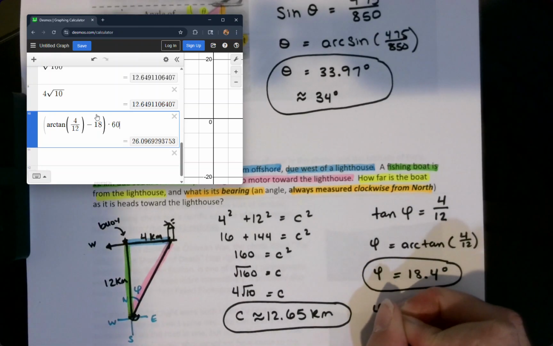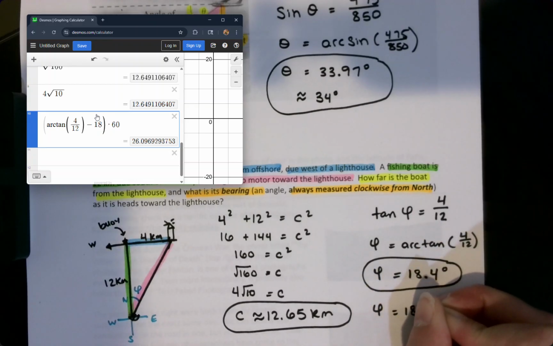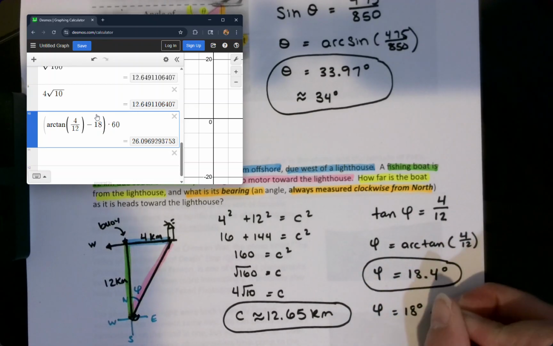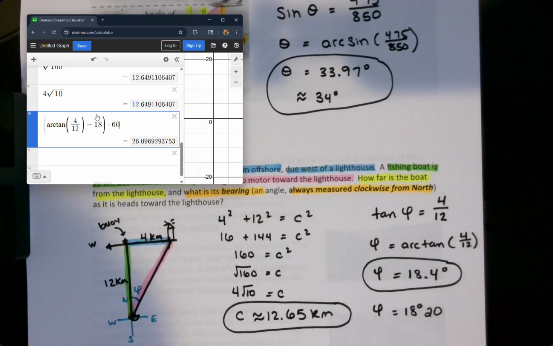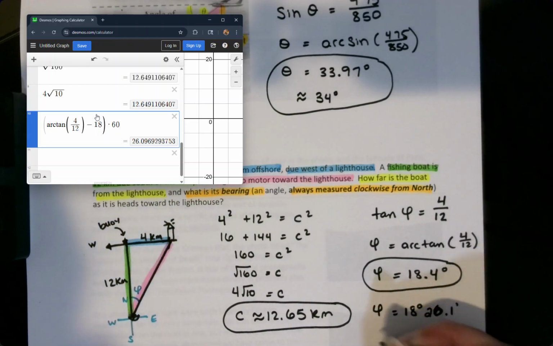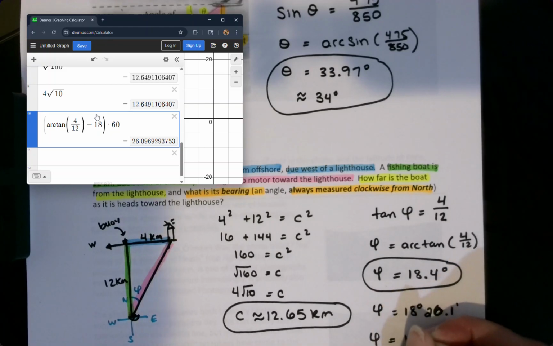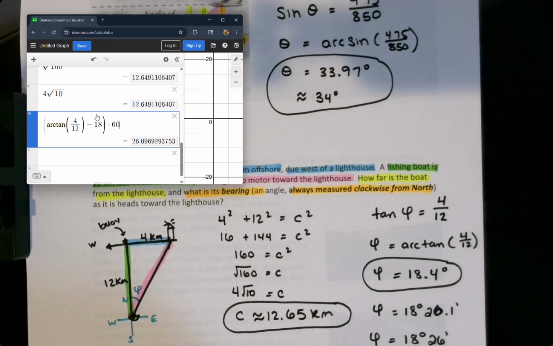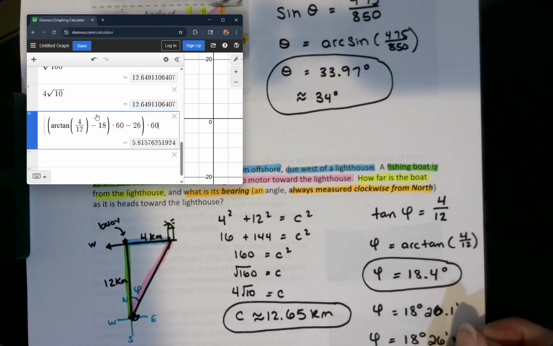So I also could say this was about 18 whole degrees and 26.1 minutes, or why not go down to seconds? So 18 degrees, 26 minutes, and subtract off that full 26, multiply by 60 again, 5.8 seconds.